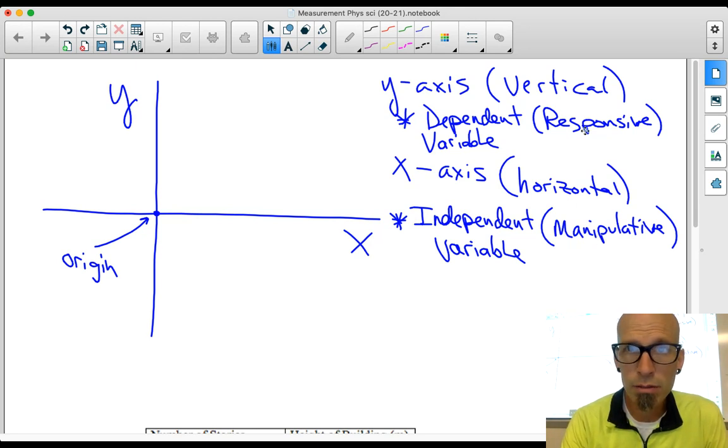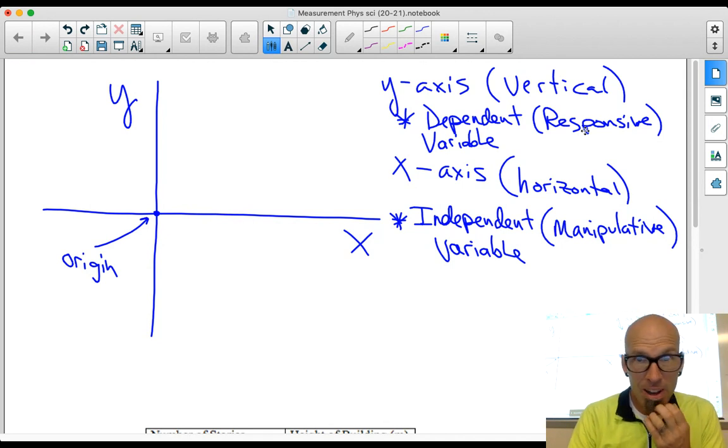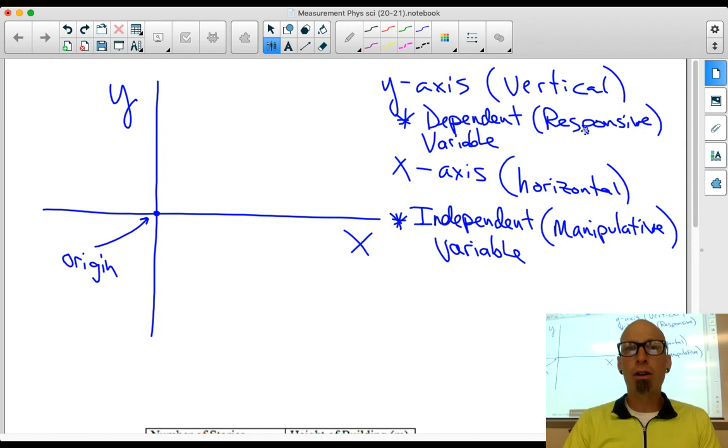And the responsive is the one that is going to react or respond to whatever this manipulation is that you did. And so again, there was an example in class I had given about plants and how if you take a certain number of plants and you decide, hey, I wonder if exposing those plants to music affects how they grow.